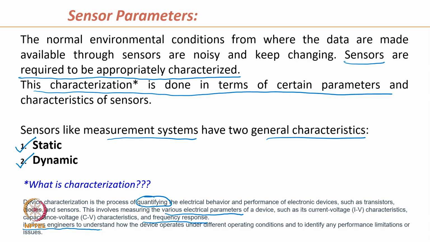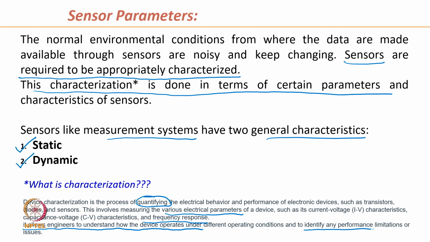Repeated measurements allow engineers to understand how the device operates under different operating conditions, because the sensor is not going to work throughout its life at a particular fixed voltage or fixed parameter only. This parameter is going to change, and because of that the output of this sensor is going to change. So, we need to characterize this sensor so that we know upfront what the input parameters are, and based on that what output is going to be there.